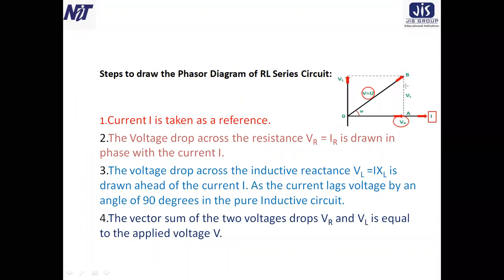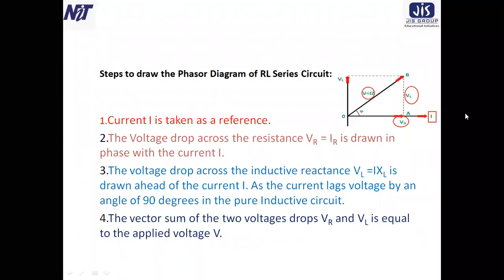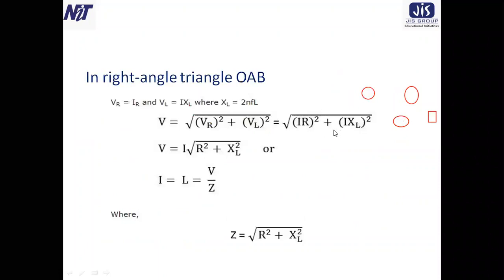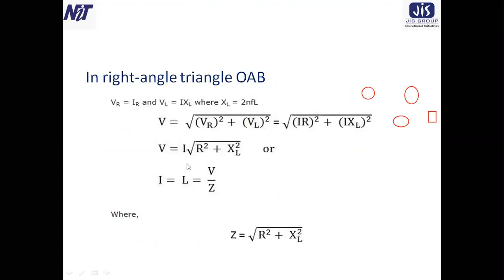As per the Pythagoras, V square equals to VR square plus VL square. So V equals to root over VR square plus VL square. Now what is VR? VR equals to IR. And what is VL? VL equals to I into XL. So put this value. So what is V? V equals to I into root over R square plus XL square.